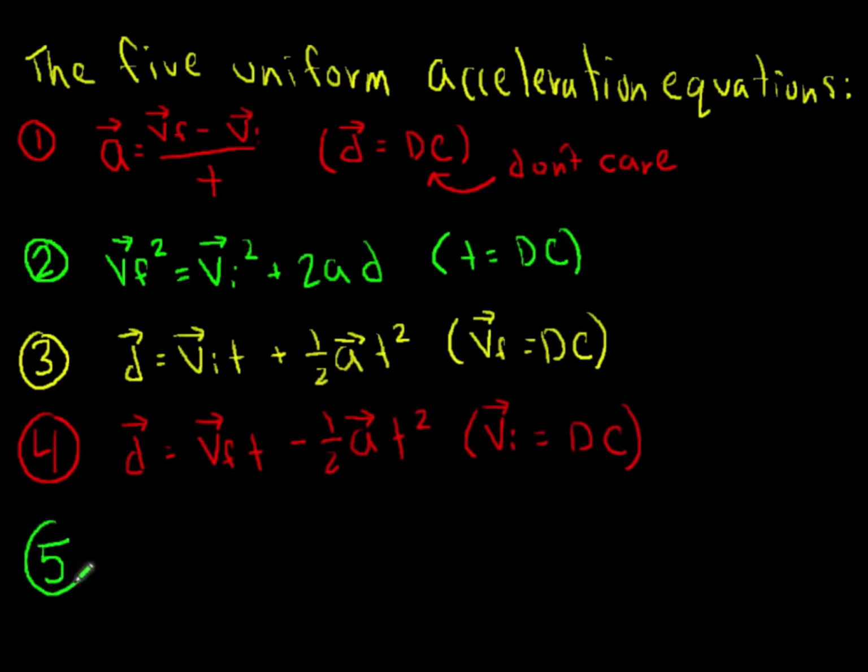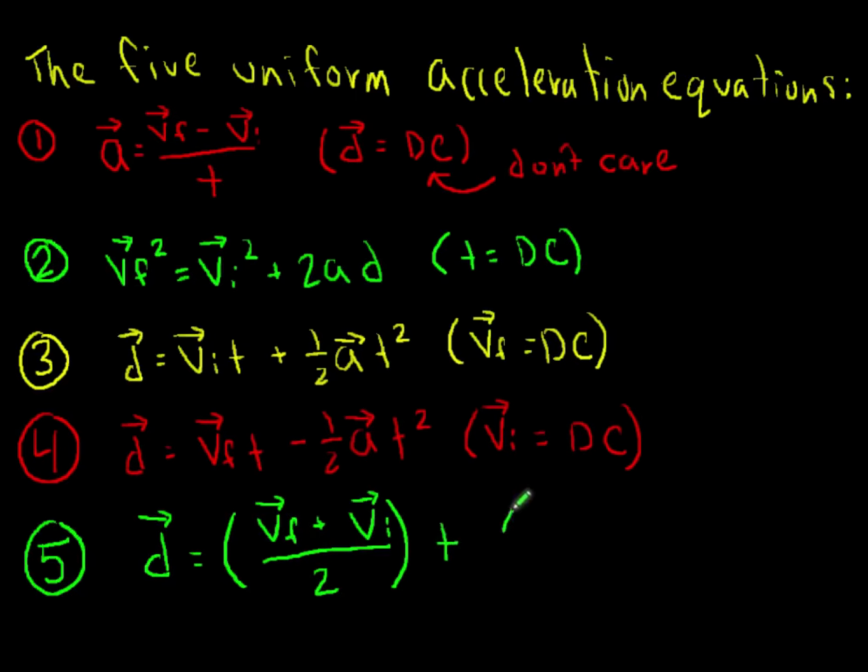And finally, the fifth equation is d equals Vf plus Vi over 2 times t. And this formula doesn't have acceleration in it, so we don't care. It's still a uniform acceleration equation though, because it has two speeds, Vf and Vi.